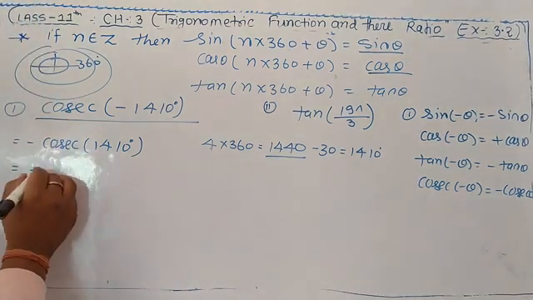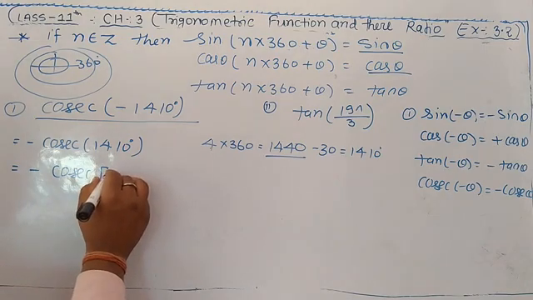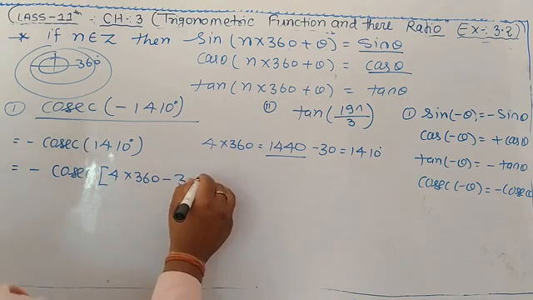So in this question we are applying minus cosec of 4 into 360 minus 30 degrees.